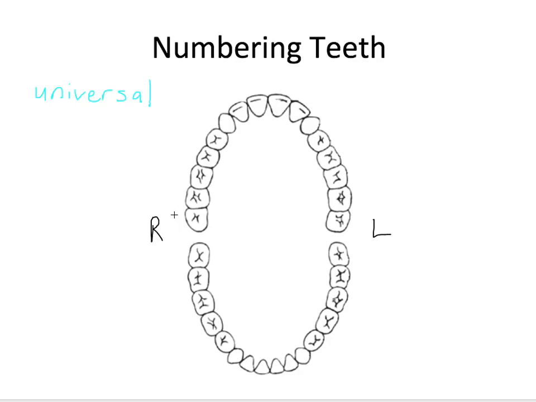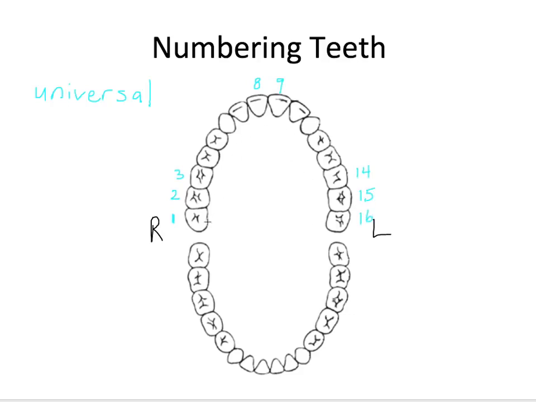So we're going to start here, and this first tooth will be number 1, followed by number 2, 3, and so on. Once we get to this central incisor, these are 8 and 9, and I'll skip to here. We have 14, 15, and 16.